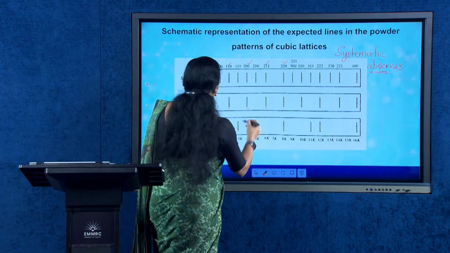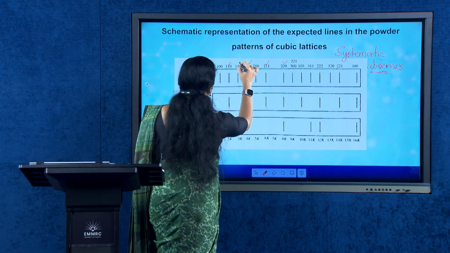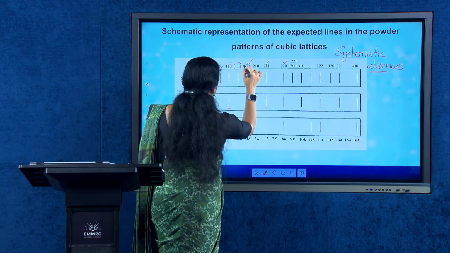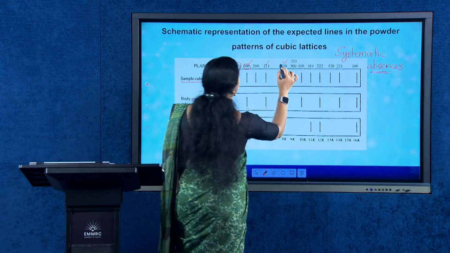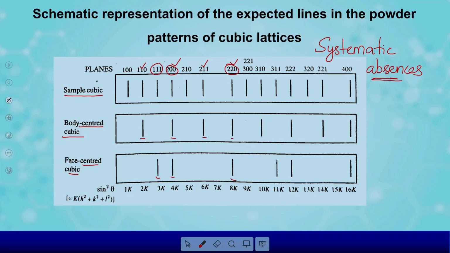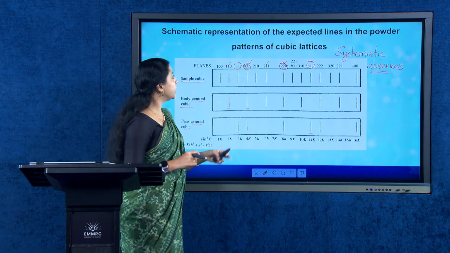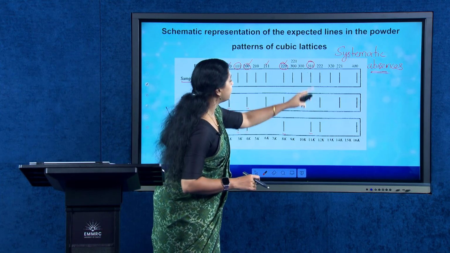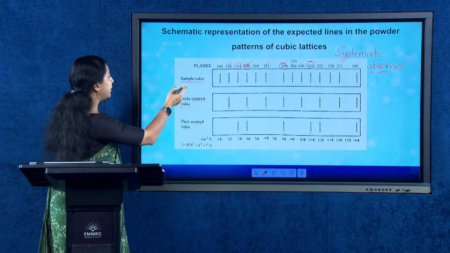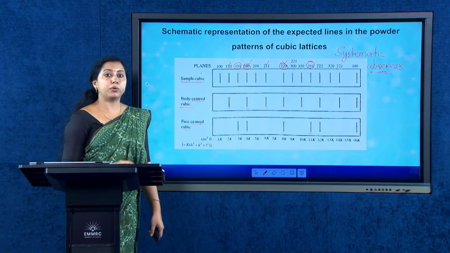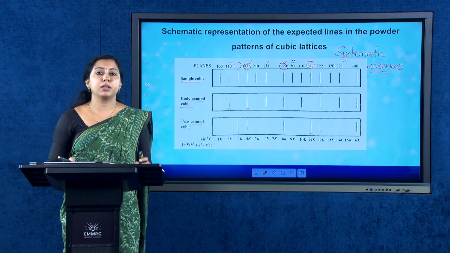So, here we have reflections from the 111 plane, then we have the 200 plane, 220 plane, 311 plane, etc. So, when we look at the HKL values, we can see that either all H, K and L are even or they are all odd. So, you have 111 all odd, 200 all even, again 311 all odd. Okay. So, we have 3 different types of powder patterns for 3 different cubic systems.